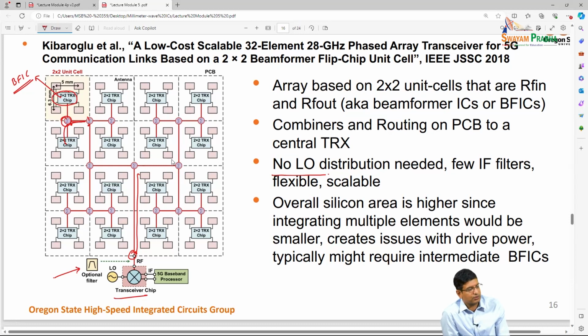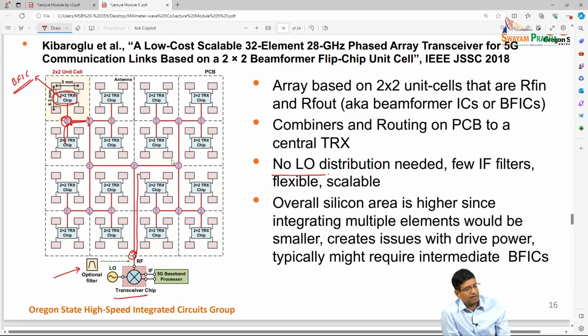But one must also keep in mind that, for example, on the TX side, this is a fully passive distribution. So we saw that having a fully passive distribution impacted OP1dB, right? So this driver chip had to be really, really strong.